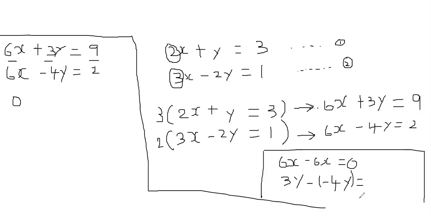So therefore we get 7y, positive, right? So we get plus 7y. And 9 minus 2 will give me 7.